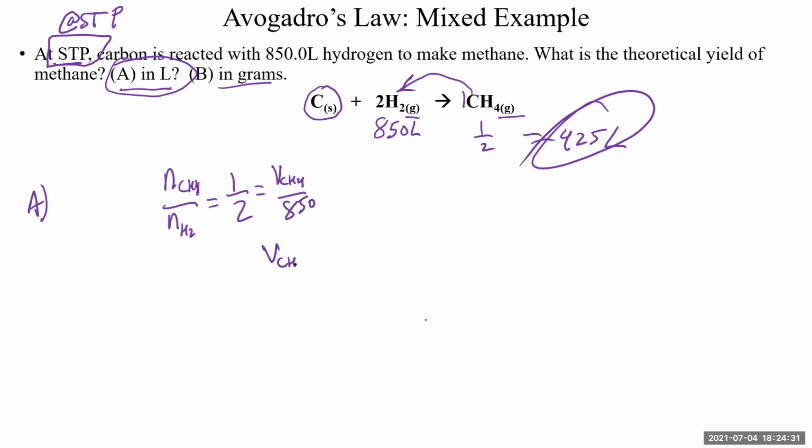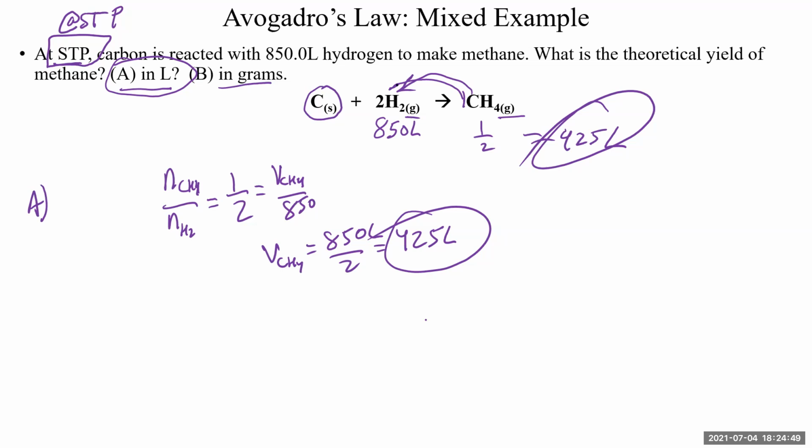So we solve for the volume of methane, and that's going to be equal to 850 divided by 2, or 425 liters. That's our answer. But if you're good at spotting the ratios, you can automatically see 1-to-2, since they're both at the same temperature and pressure.